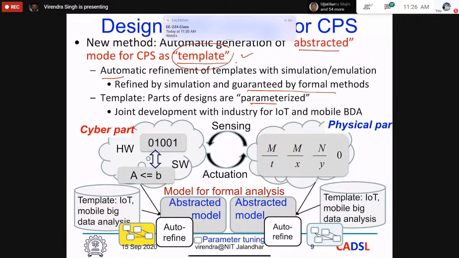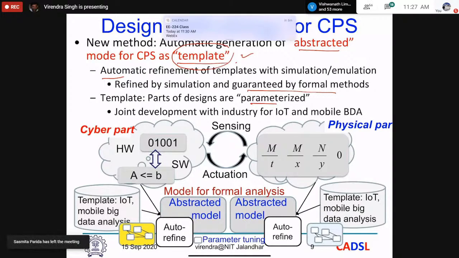It is very important to generate these corner cases so that you can check, as the industry is heavily dependent on simulation based or emulation based verification methodologies.